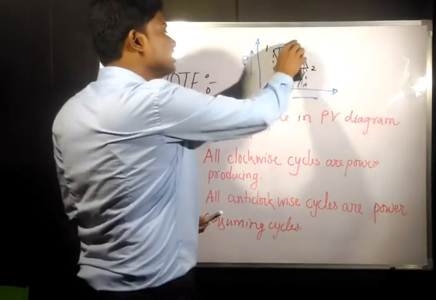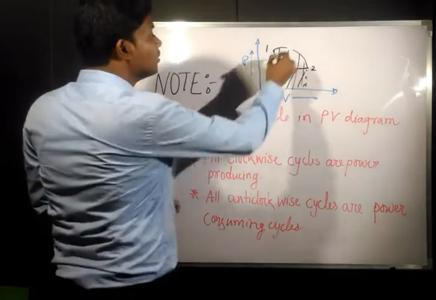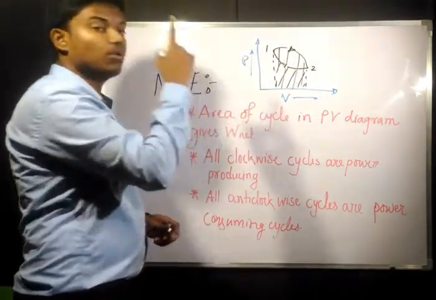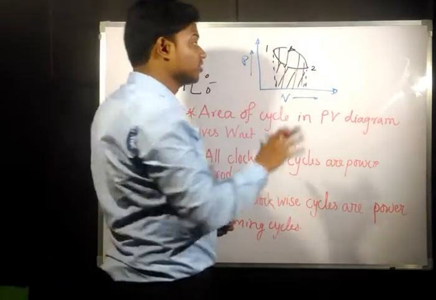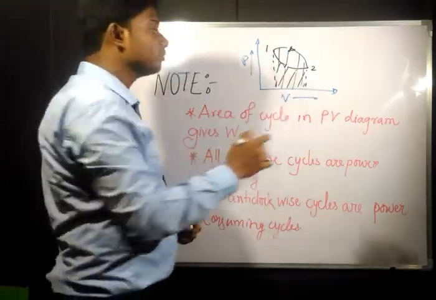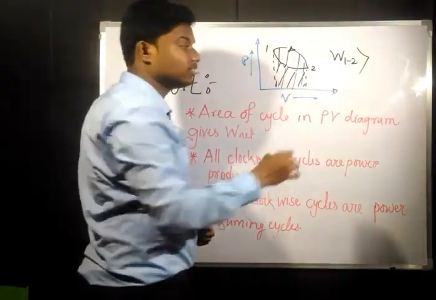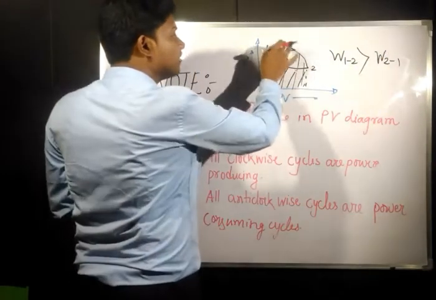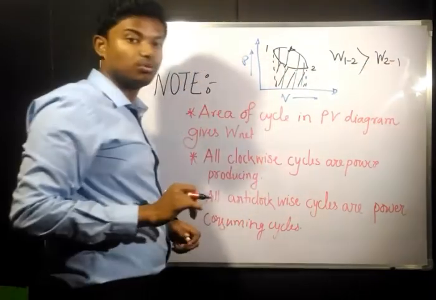Now if this condition is reversed, suppose 1 to 2 is an expansion process and 2 to 1 is a compression process. In this cycle, W1 to 2 is going to be greater than W2 to 1, because the area under the curve W1 to 2 is bigger than the area under the curve W2 to 1.